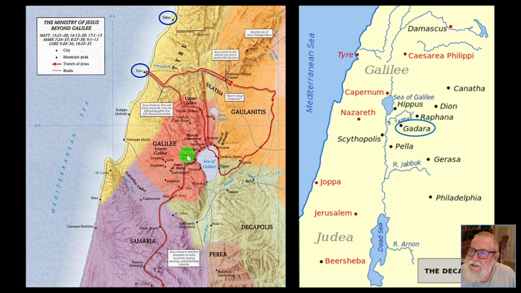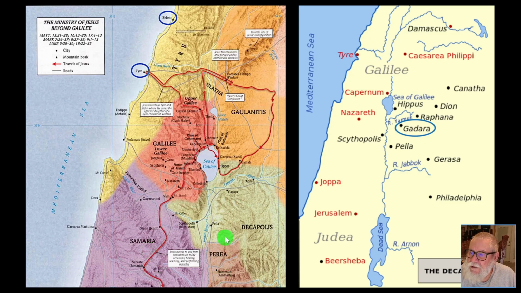And by the way, this slide shows the travels of Jesus. I'm not quite sure about some of these routes, so I would take some of these with a grain of salt. For example, it says right here that Jesus traveled to and from Jerusalem this way. Well, yes, he did. At least one time he traveled to Samaria to speak to the Samaritan woman at Jacob's well, that's in John 4.